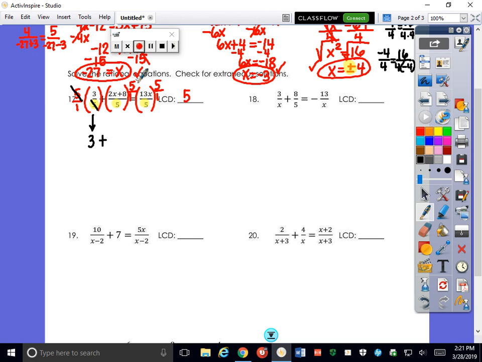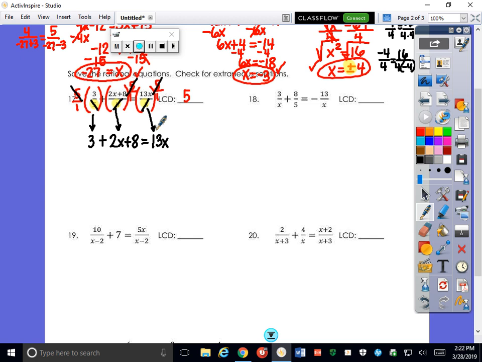Plus, this 5 is canceling with this 5, and the part that's left over is that part that's in the numerator. So this becomes 2x plus 8 equals this 5 cancels with this 5, leaving you with what's in the numerator, which is just 13x. So the whole reason why we multiplied by the LCD was because it ends up getting our fractions taken care of in one step.